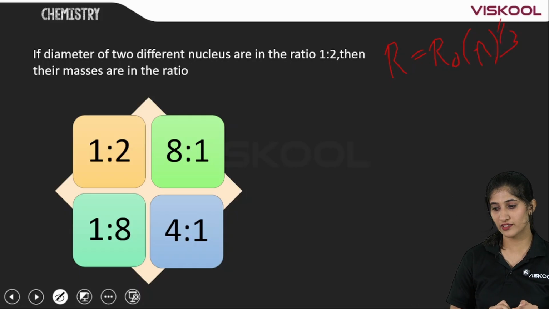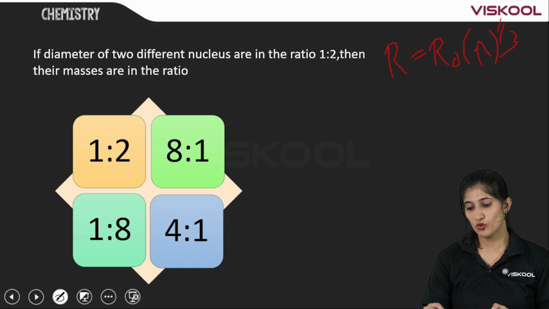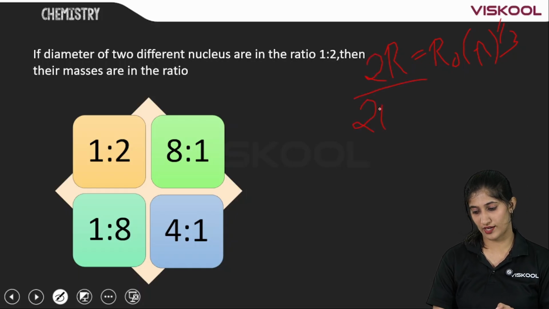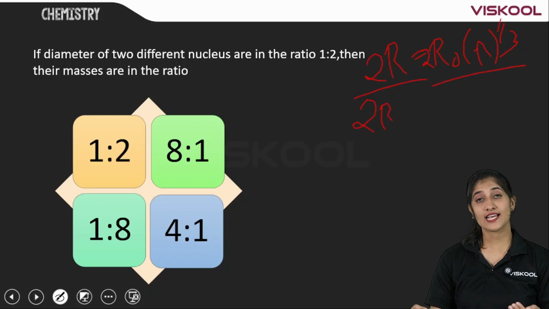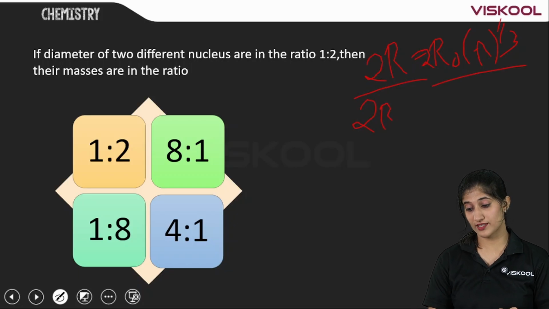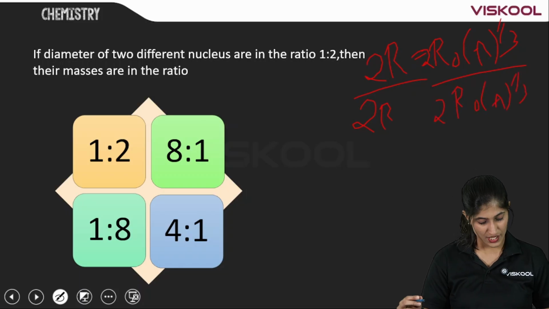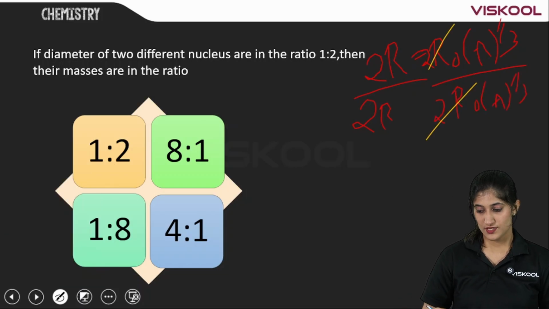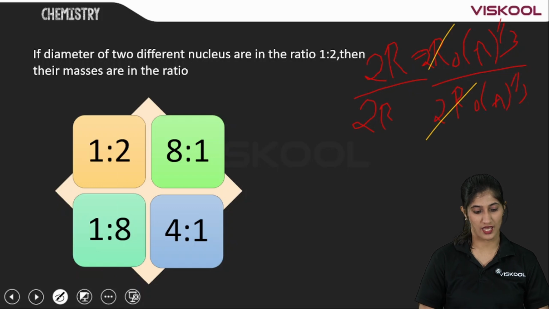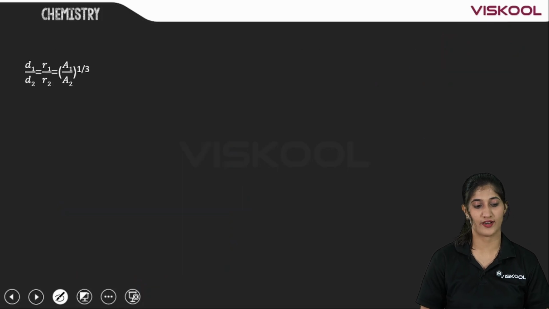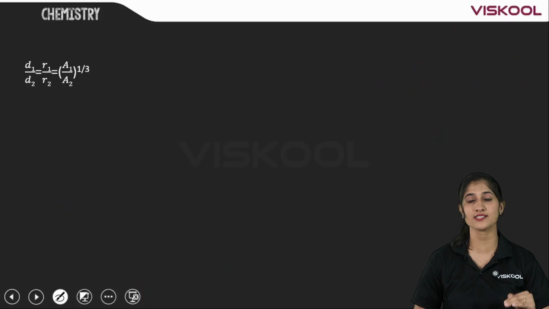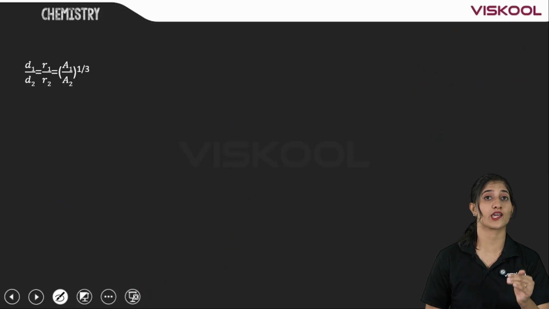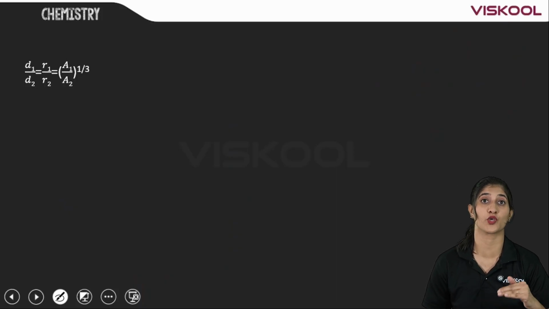So, if you want to take the ratio, it will be 2R divided by 2R, that is 2R0 A1 raised to 1 by 3 divided by 2R0 A2 raised to 1 by 3, right? You can cancel the common terms. So, the ratio of diameters will be equal to the cube root of the ratio of the mass numbers.